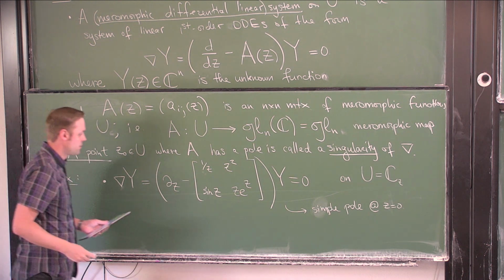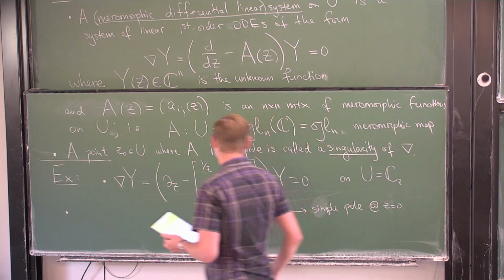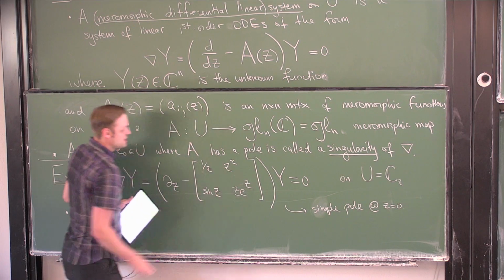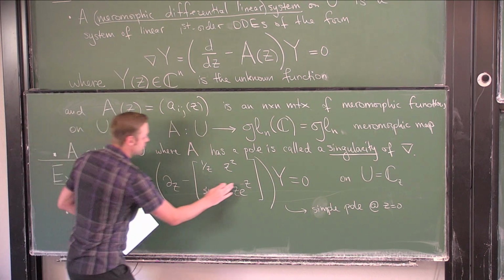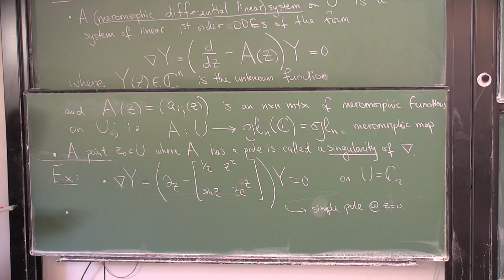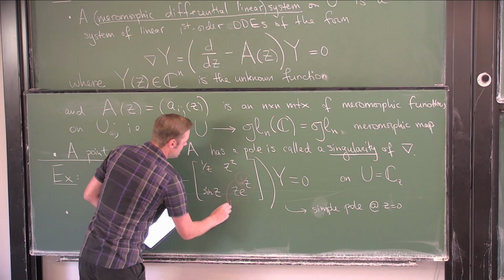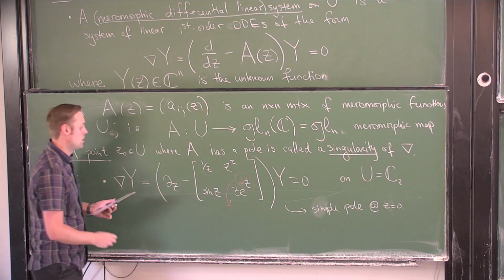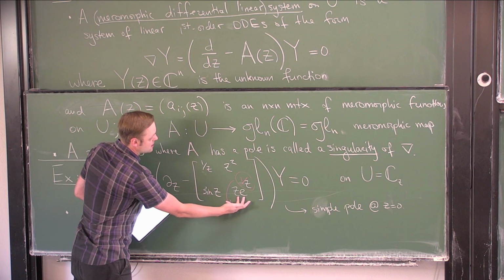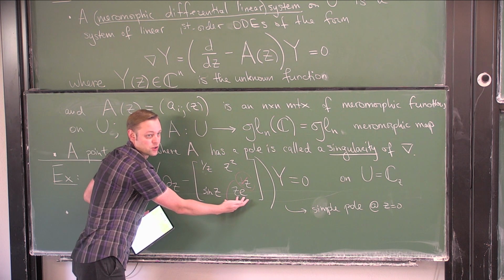If in this example I replace this coefficient e^z with e^(1/z), then this coefficient has a singularity at z equal to 0, but it's not of pole type, it's an essential singularity.